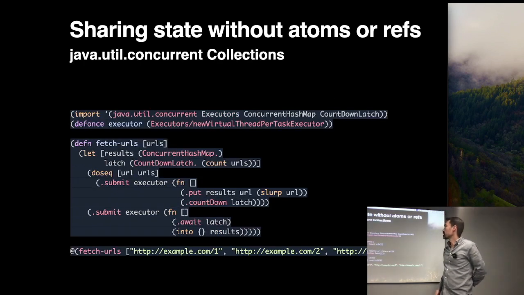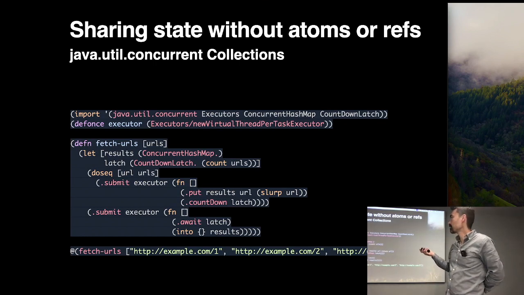Another way is with the collections. They're not atoms, they're mutable collections, but they're thread safe. So if you have a bunch of threads, this is a thing where I'm reading a whole bunch of different URLs, and I want to store the results in one collection.